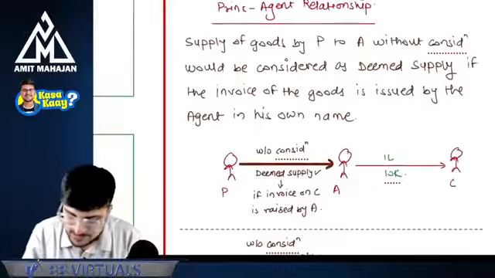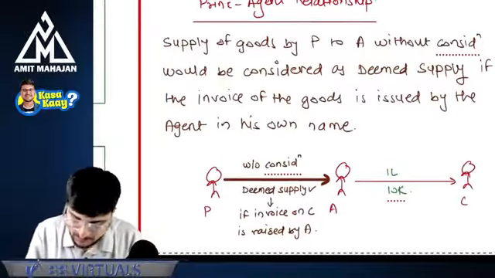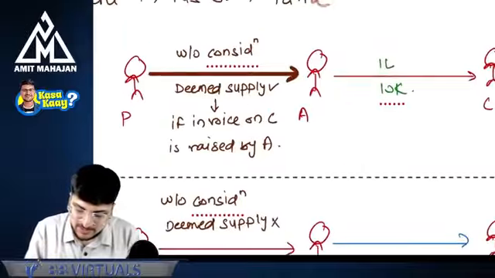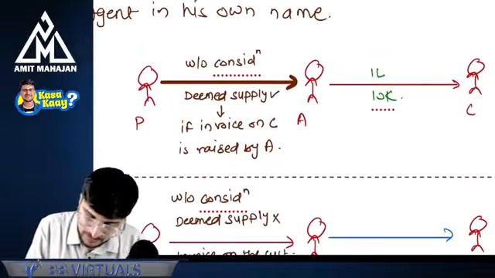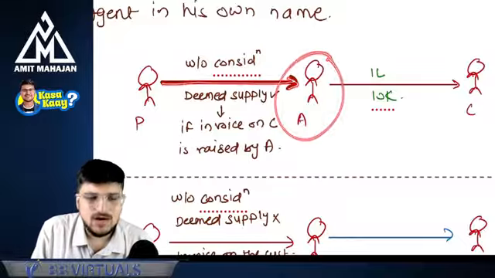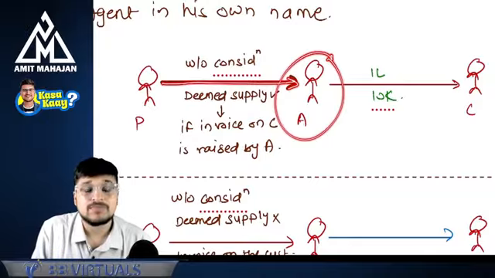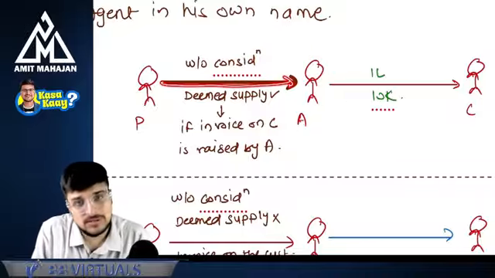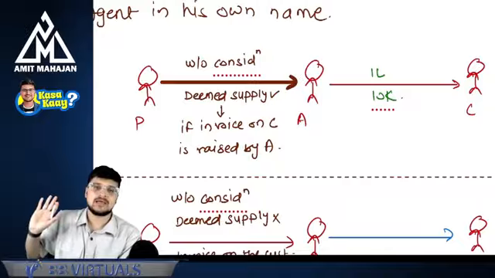And the last point is the principal agent relationship. What is the principal agent relationship? Please try to understand here. There is one principal, there is one agent, and there is one customer. When the principal transfers certain goods to this agent, of course, it will be without consideration. It will be considered as deemed supply.